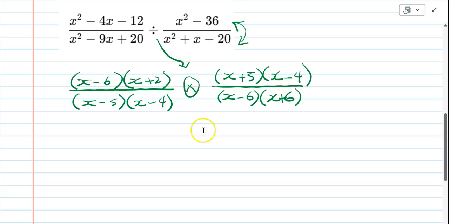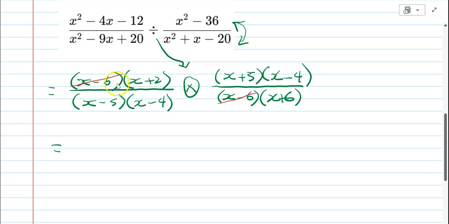Very nice. We now need to divide the common factors. Now it's a multiplication, so I can cancel x minus 6 and x minus 6 from both sides, because really you can remove this multiplication sign and put everything on one long fraction line.